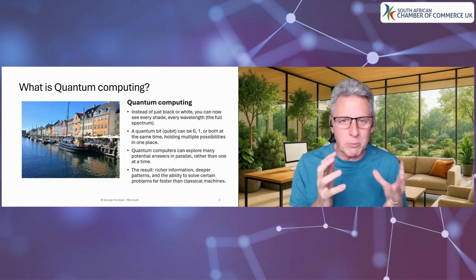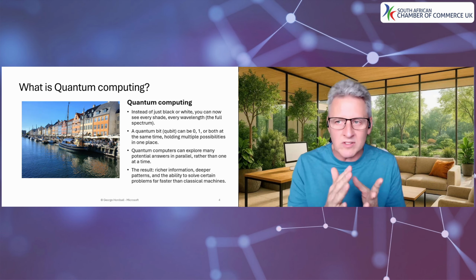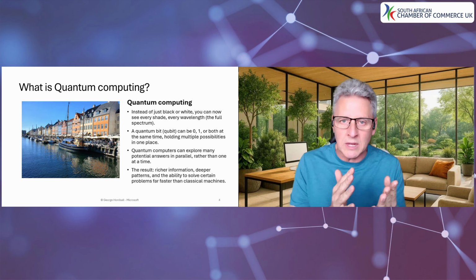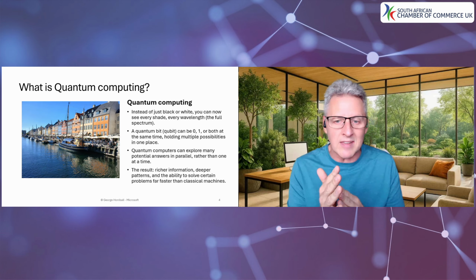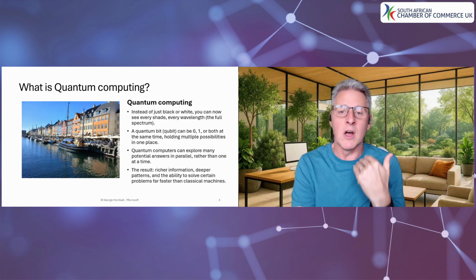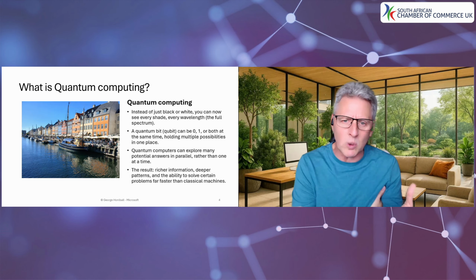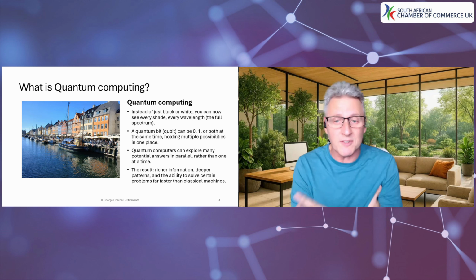And that's what a lot of people struggle to comprehend: how can a 1 or a 0 or a 0.5 also be a 1 or also be a 0 at the same time. And that's what the theory of quantum physics was all about as well. A lot of people struggle to understand the difference between quantum computing and quantum physics, but we'll get there in a few seconds.